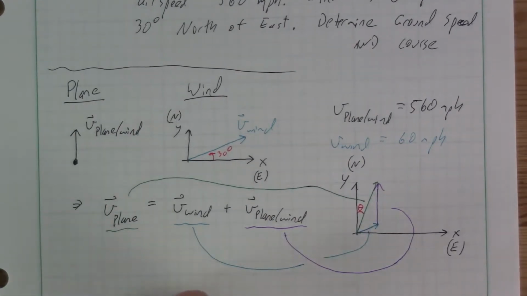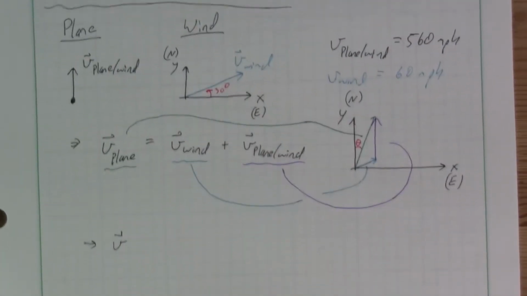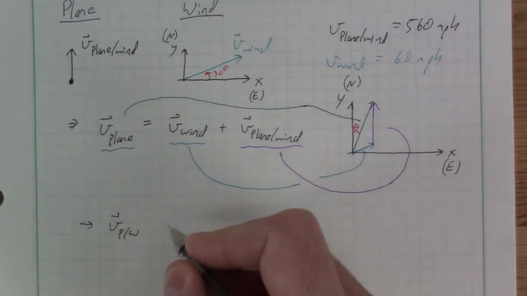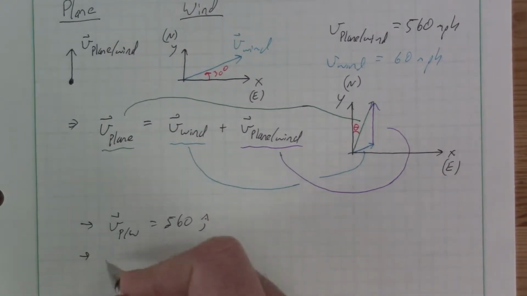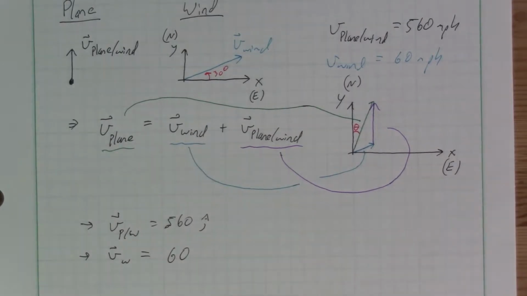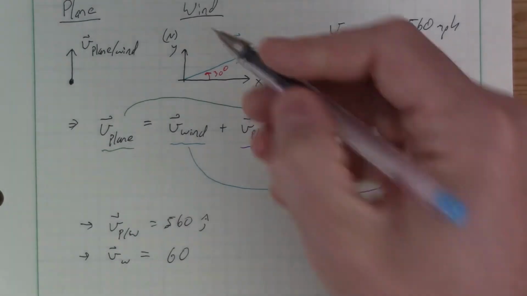Okay, so I'm going to simplify our notation here and just go to simple subscripts. So the velocity of the plane with respect to the wind is actually 560 j hat. Our velocity of just the wind is 60, but let's add to our diagram here.